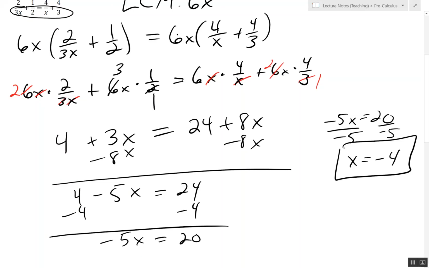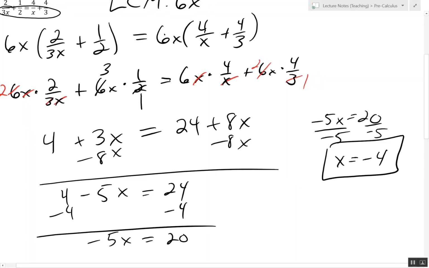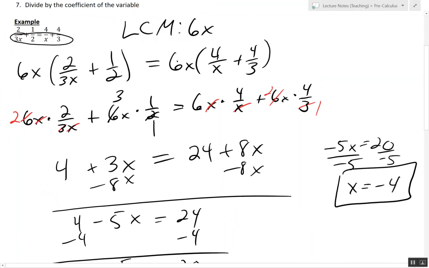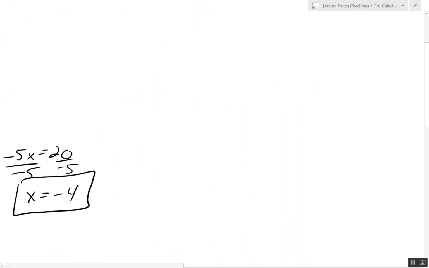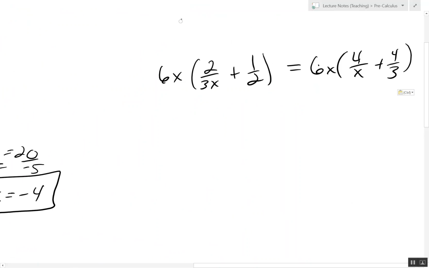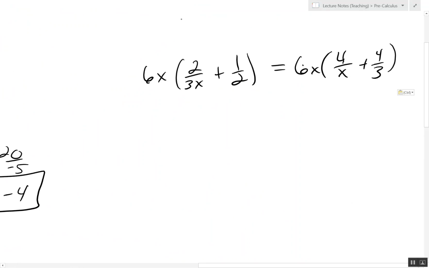Now, you should always check your answers to make sure you didn't make an arithmetic error somewhere. So let's do that. I want to copy this, but we're going to get rid of the 6x's and the parentheses.